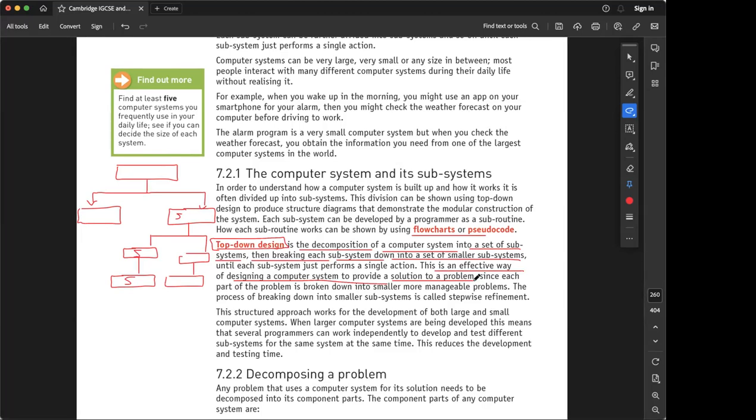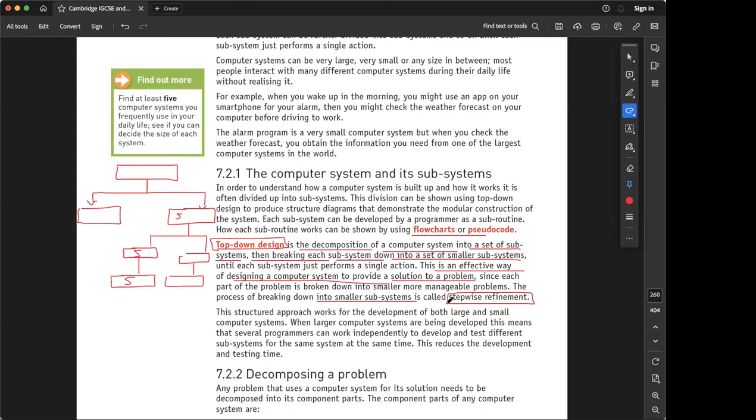And this breaking down of a problem into smaller subsystems is called stepwise refinement. Is that okay? Yes. Breaking down a problem into a subsystem, then again breaking that subsystem into subsystems, and so on.